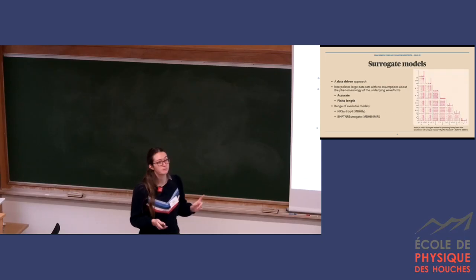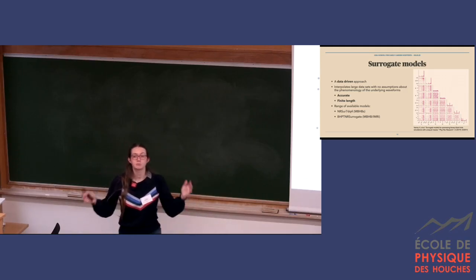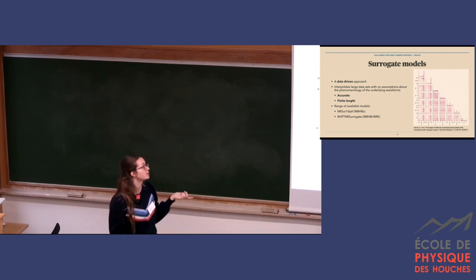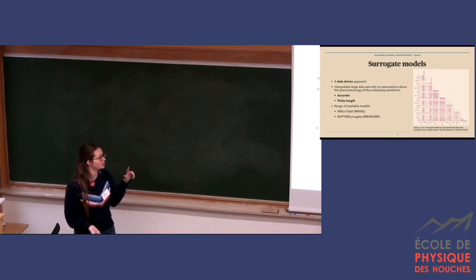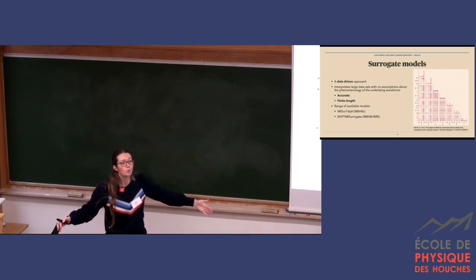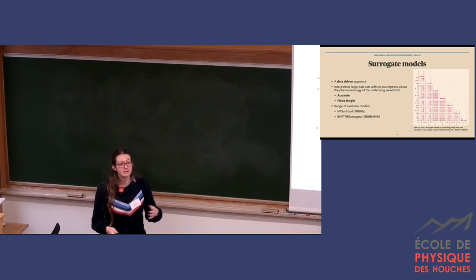So those are the set of semi-analytic models that are the primary models that we use for analysis. Then we also have these surrogate models. These are based on a data-driven approach and interpolate these data sets without really caring what the waveform looks like underneath. So you can make a surrogate model of any data set.